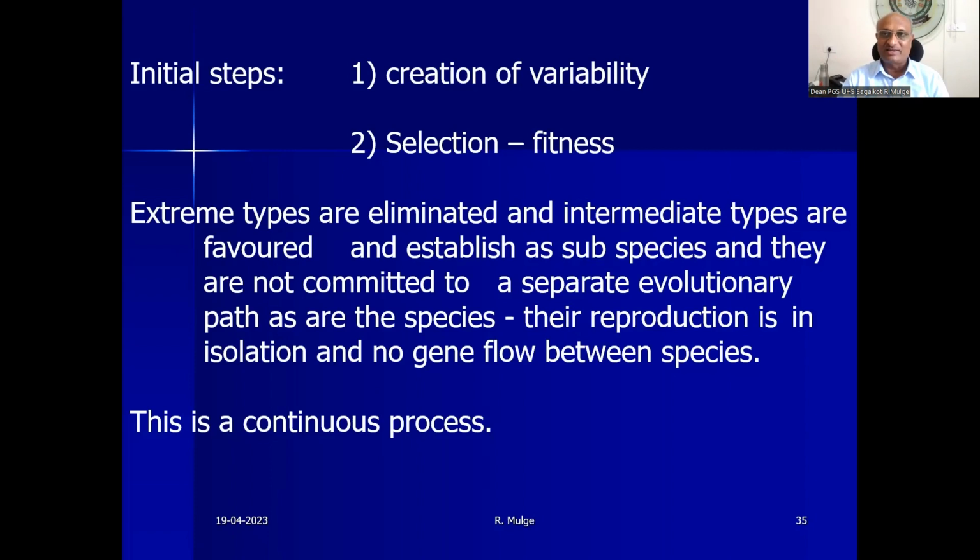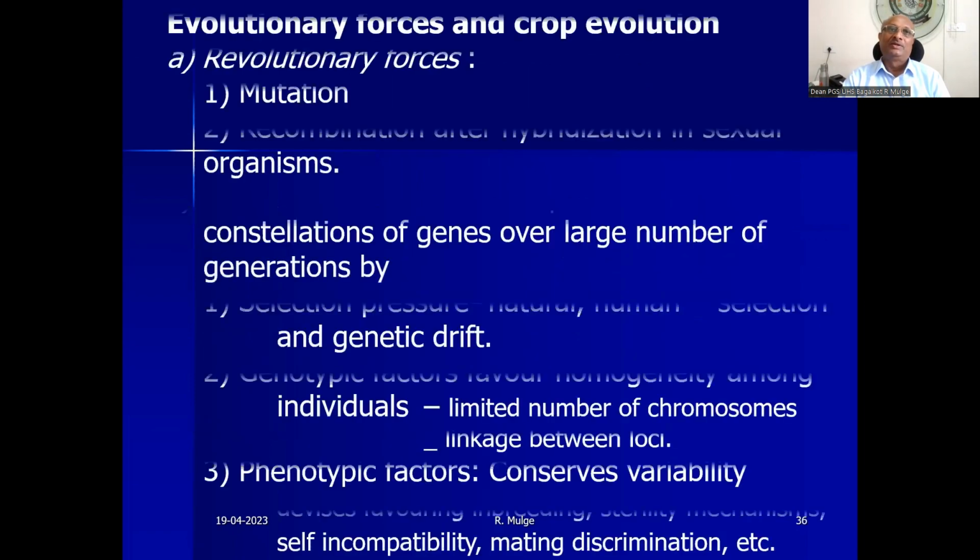Whatever parameter you are taking, it's good, the top, it may be associated with some other negative things, and they'll get eliminated. So intermediate types means the majority are intermediate genes. The genes which have the potentiality to be intermediates will survive, will exist, will sustain and become a new species.